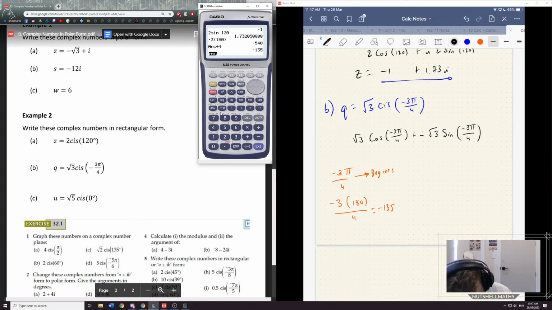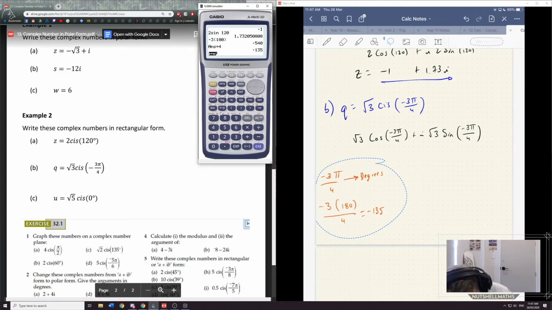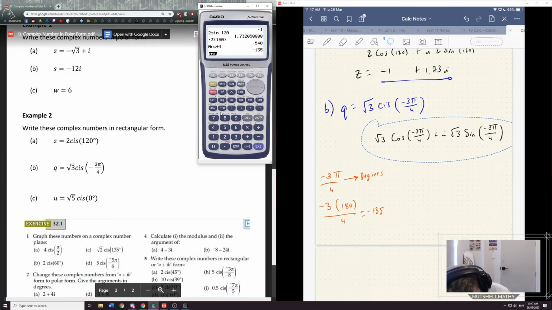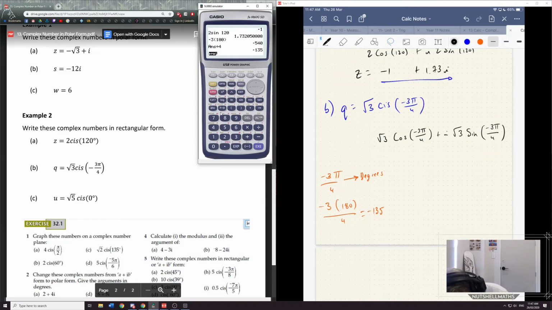So now let's make this question even easier. I'll just move this across. Therefore Q equals root 3 cos of minus 135 plus I times root 3 sine minus 135. Type it in, let's see what happens. I'm expecting some chat spam in a second to tell me what the answer is.